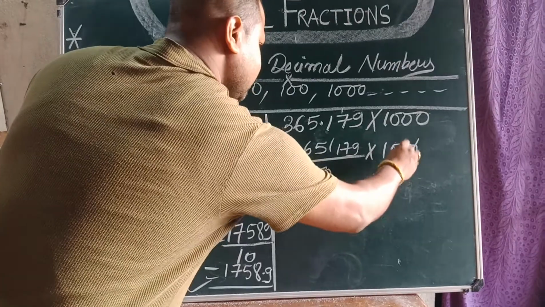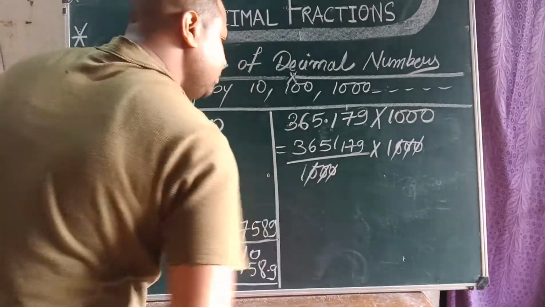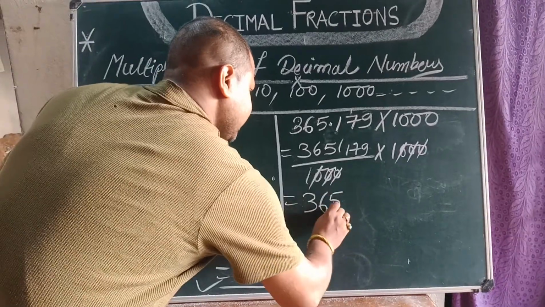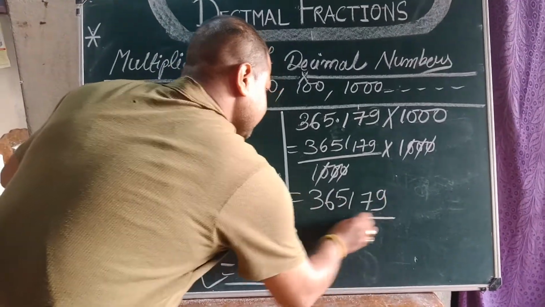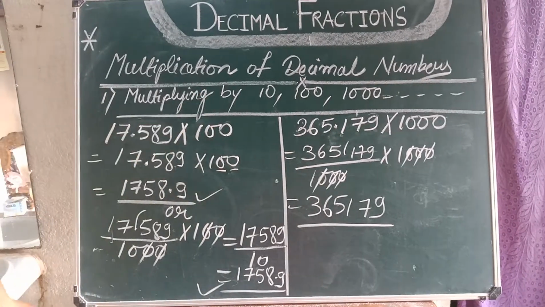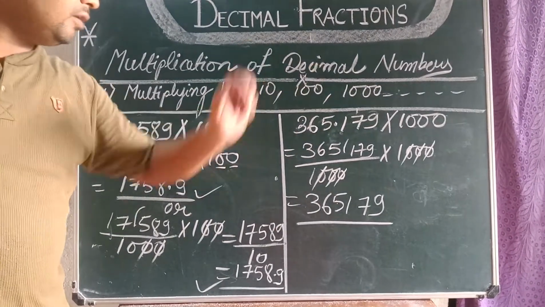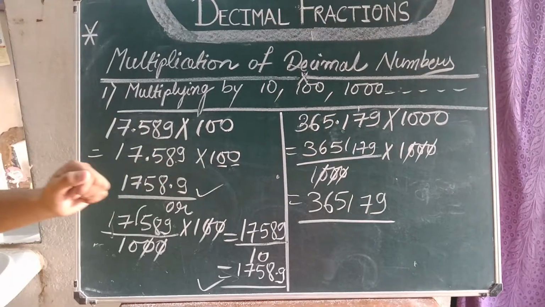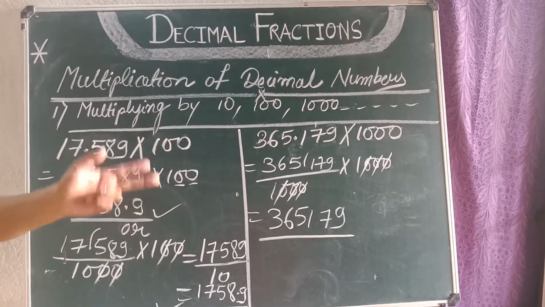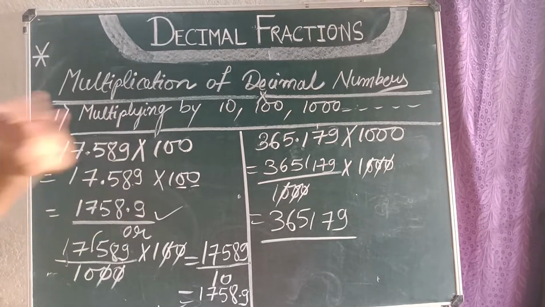So these will be cancelled because the same number of zeros are there. So what is the answer? 365179. So I hope, students, you have understood how to multiply with 10, 100 and 1000 with a given decimal number. Further we'll go for multiplication of a decimal number with whole numbers and other decimal numbers.